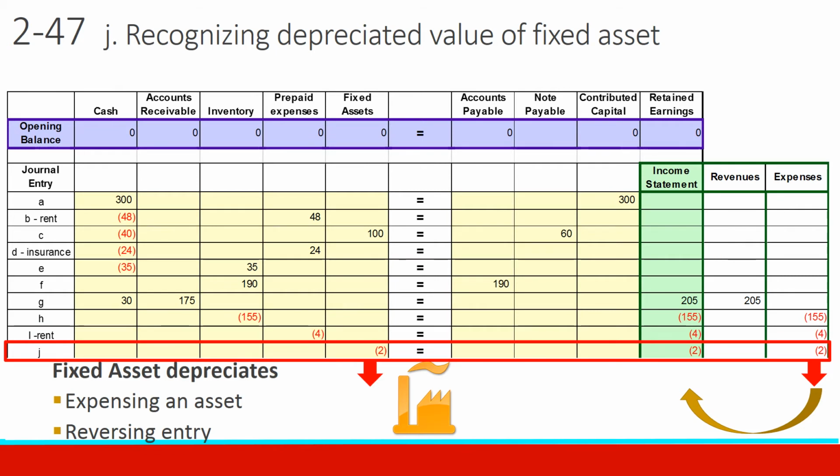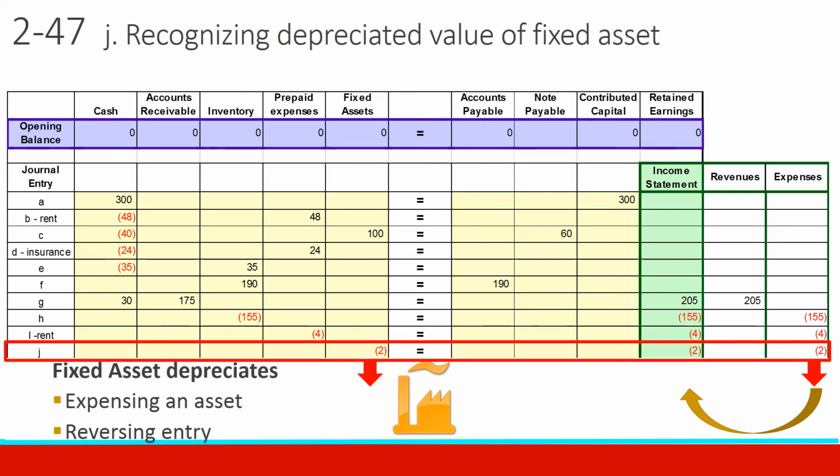So now we're going to continue to look at the assets that are sitting on our balance sheet and ask ourselves, have we used or consumed any of them? And we look at the machinery of $100,000 that we purchased in activity C, and we conclude that we have used up $2,000 of the value of that machinery. So we need to reduce the value of the net fixed assets on our books by $2,000.